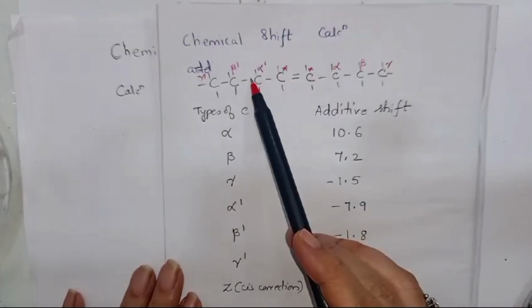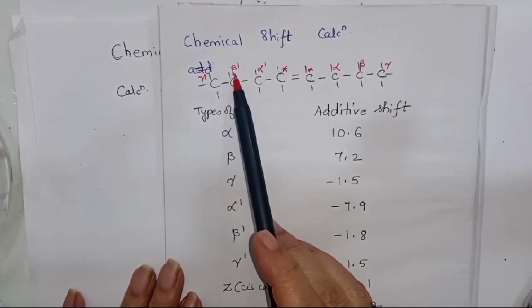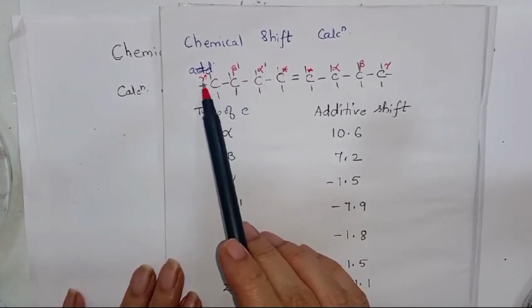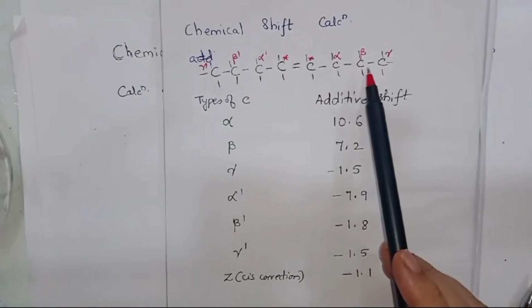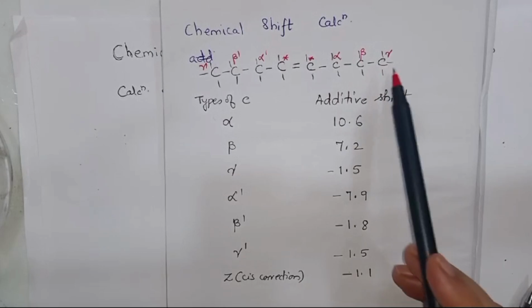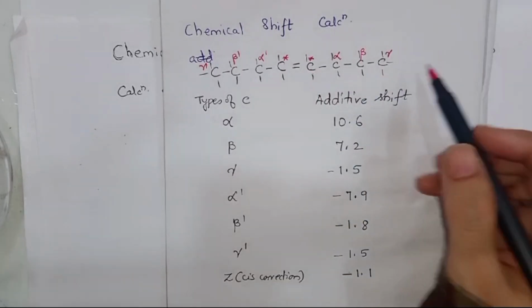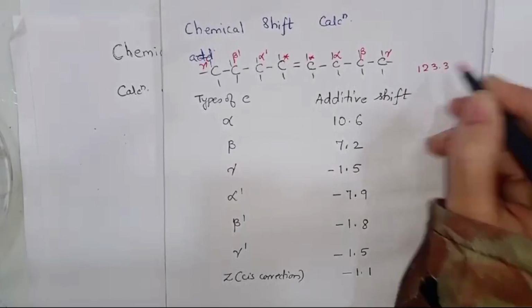On its left side, we will leave the star carbon and we will take alpha dash, alpha 1, beta 1, gamma 1. To do the calculation, chemical shift of alkene carbon base value will be 123.3.